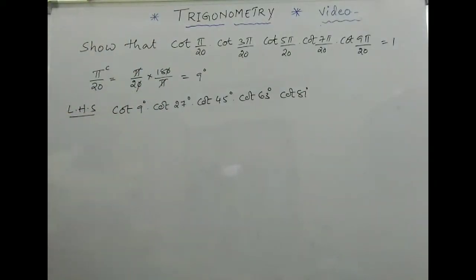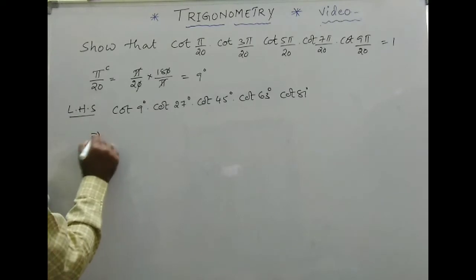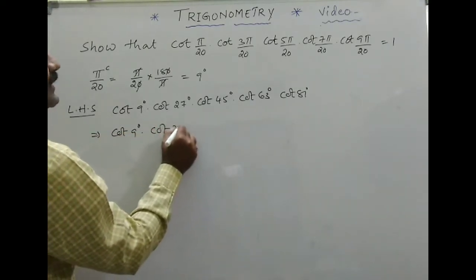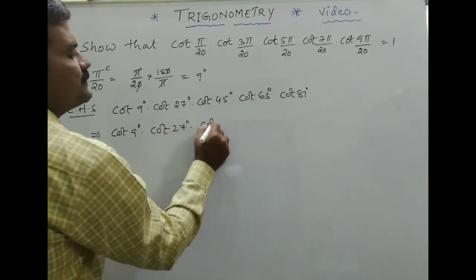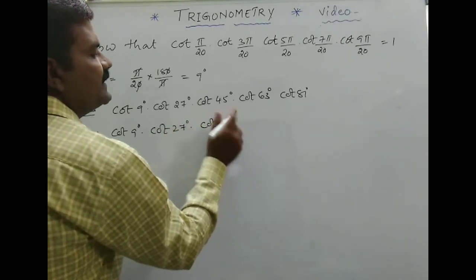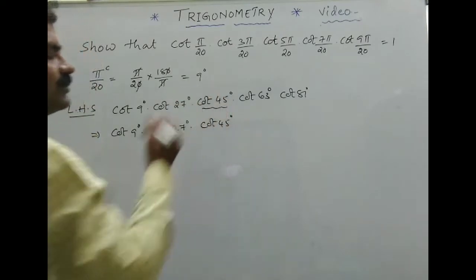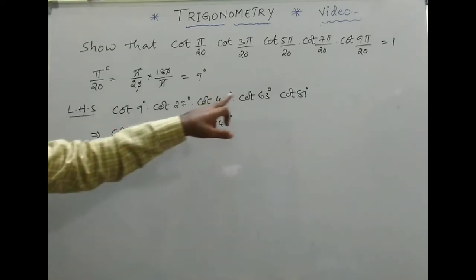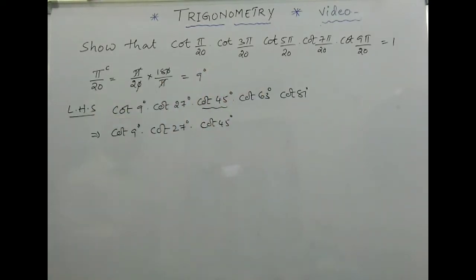Okay, do one thing. Let it be tan 9 degrees, let it be cot 27 degrees. Of course we know the value of cot 45 degrees, because 45 degrees is a standard angle. But for the rest, 9 degrees, 27, 63, 81 degrees, right now we don't know the values of those angles.